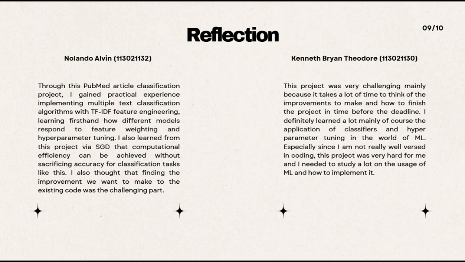He also learned from this project via SGD that computational efficiency can be achieved without sacrificing accuracy for classification tasks like this. He also thought that finding the improvements that our group wanted to make to the existing code was the challenging part.